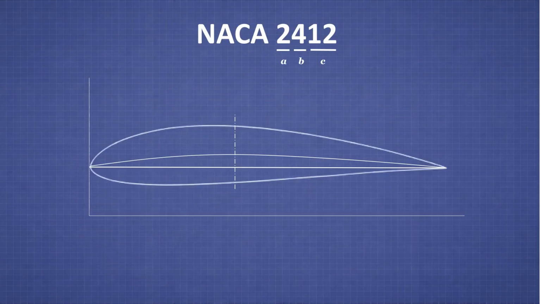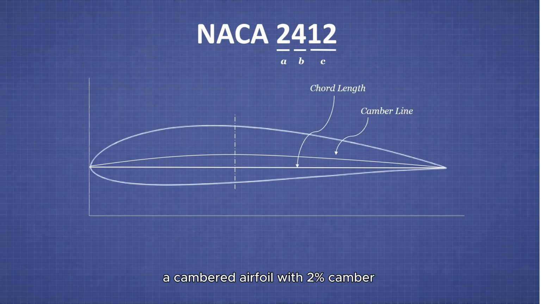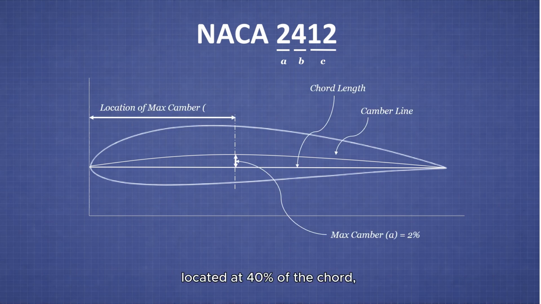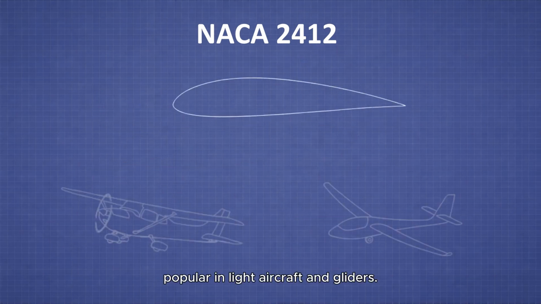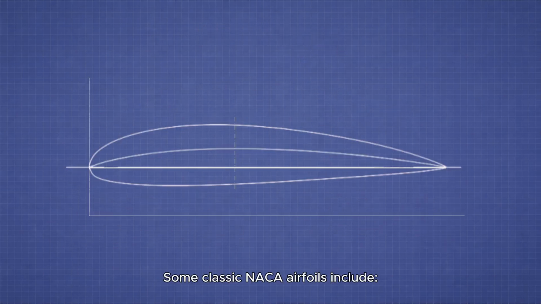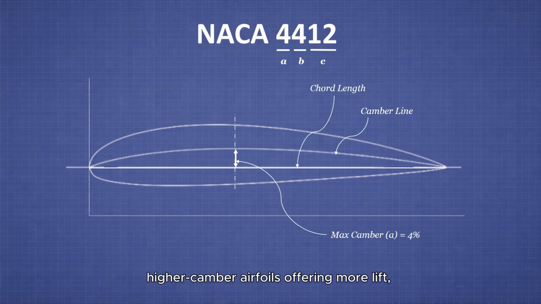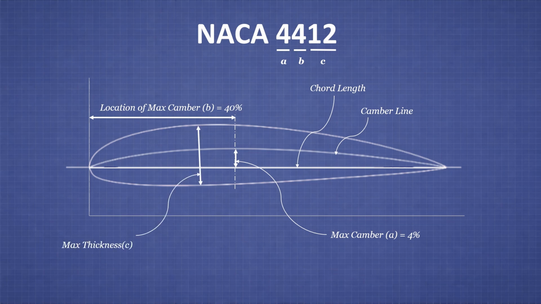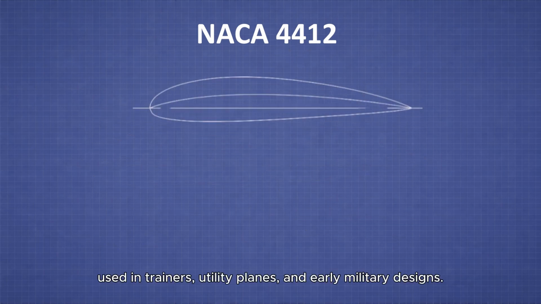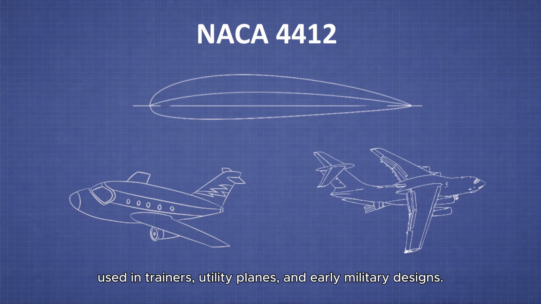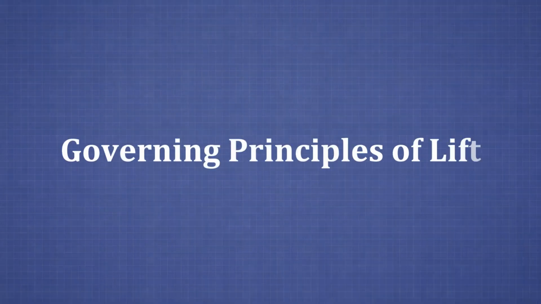NACA 2412, a cambered airfoil with 2% camber located at 40% of the chord, popular in light aircraft and gliders. NACA 4412 or 4415, higher camber airfoils offering more lift, used in trainers, utility planes, and early military designs.